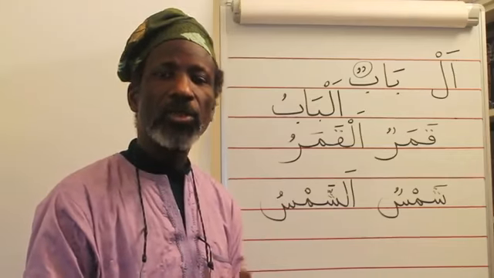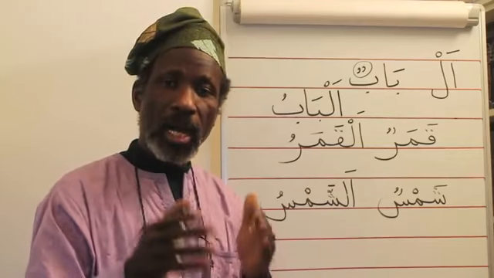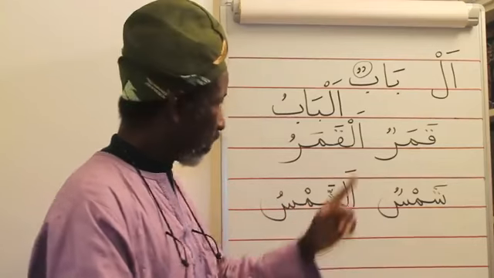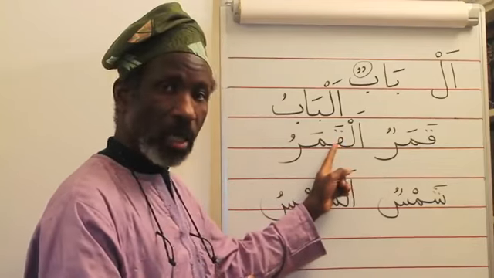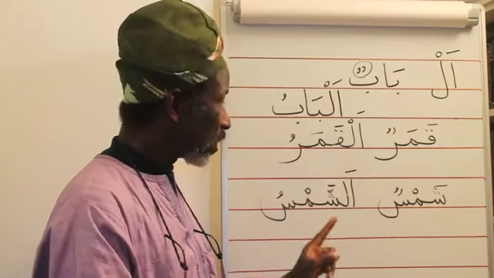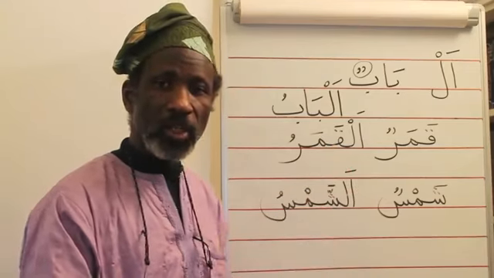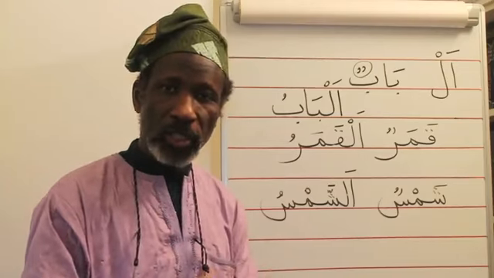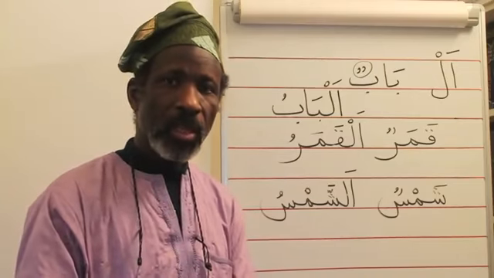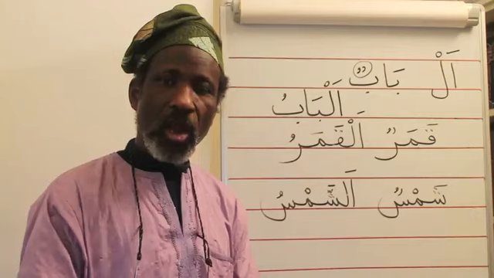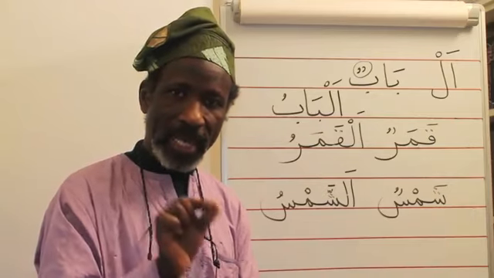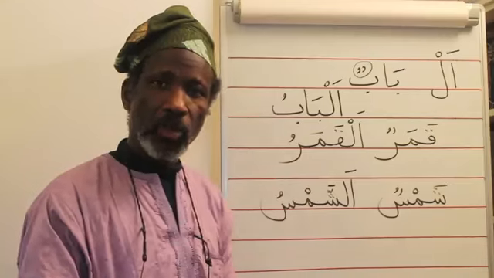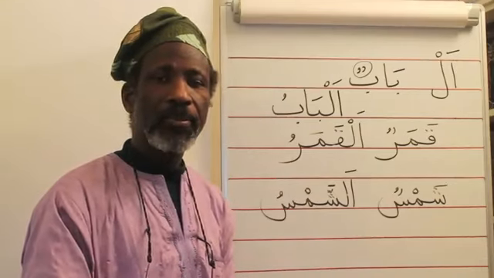This leads us to the question of moon letters and sun letters. Moon letters, one of them is qa. Sun letter, one of them is shin. So we have 14 moon letters and 14 sun letters. When any of the sun letters is placed after the, it will carry shadda.